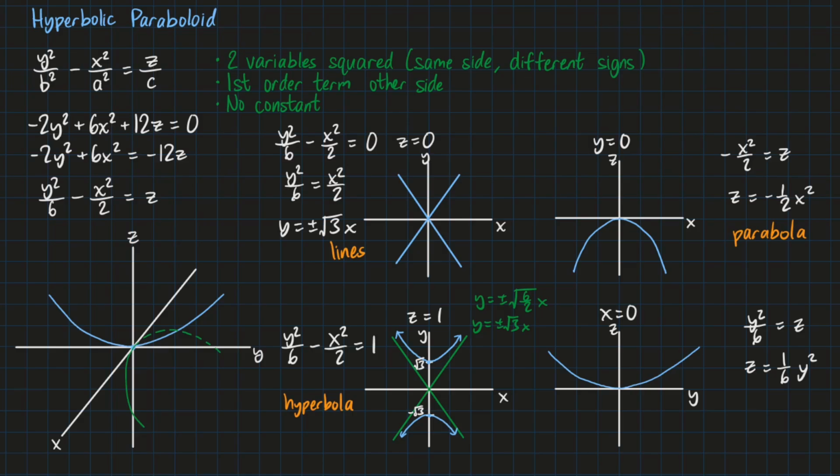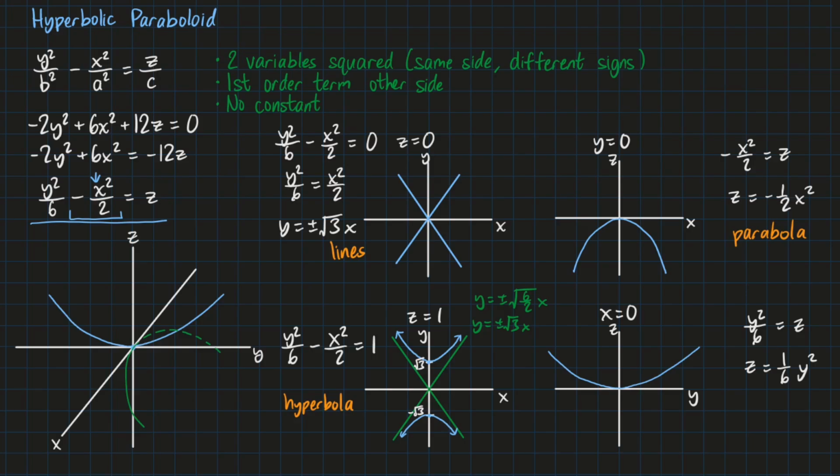Let's take a look at this equation over here again. y squared over 6 minus x squared over 2 equals z. If we talk in terms of yz traces again, which is how we got that blue parabola, no matter what value we plug in for x, we'll always get z equals y squared over 6, that shape of the parabola. The negative x squared over 2 term just shifts the parabola up and down.